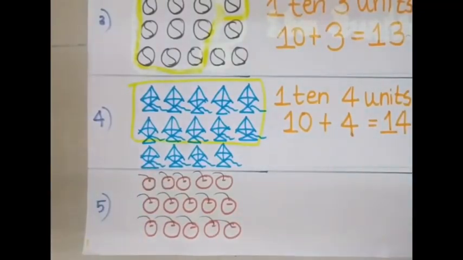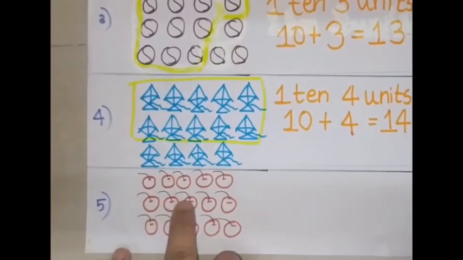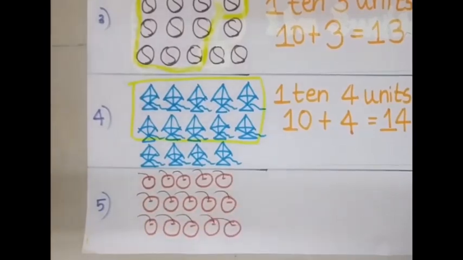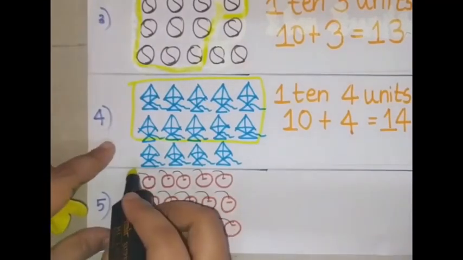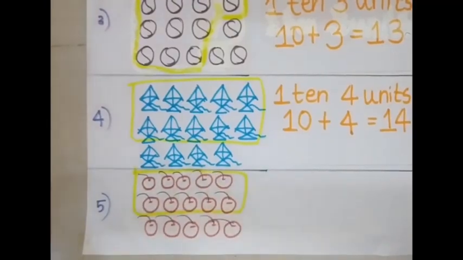Okay children, now we'll move to the cherries. Now you can see the cherries. Let's count them. 1, 2, 3, 4, 5, 6, 7, 8, 9, 10. So now we will make a group of 10 cherries. Now there are some remaining cherries also.